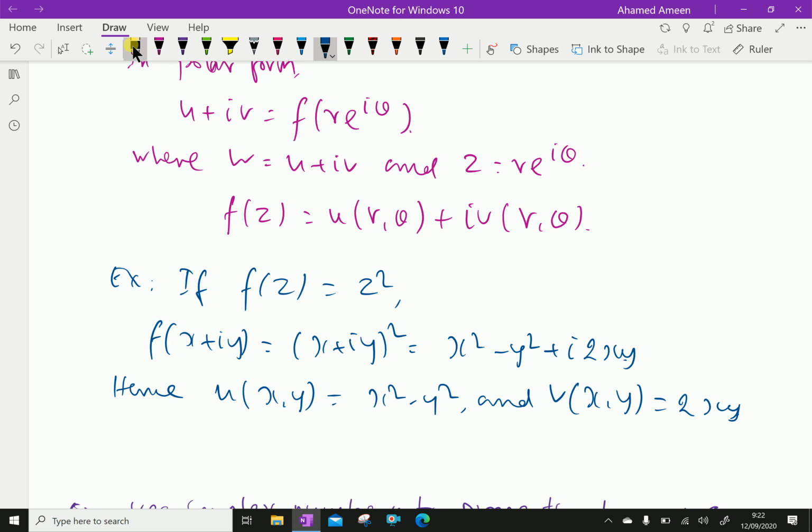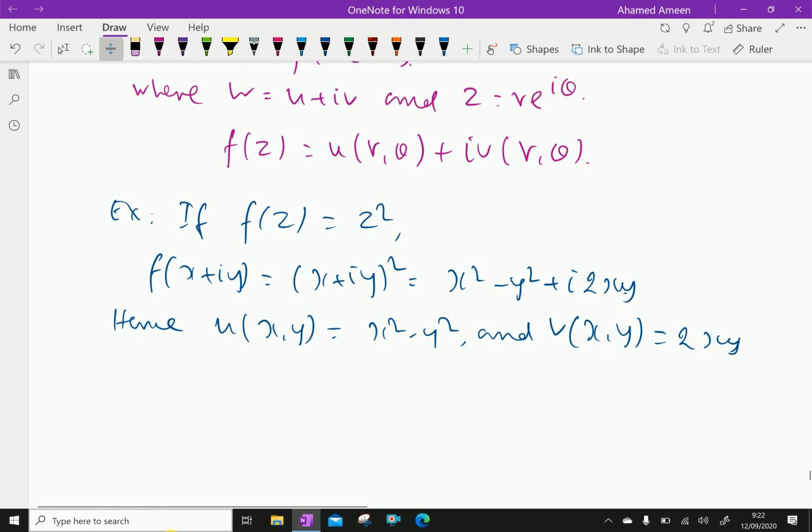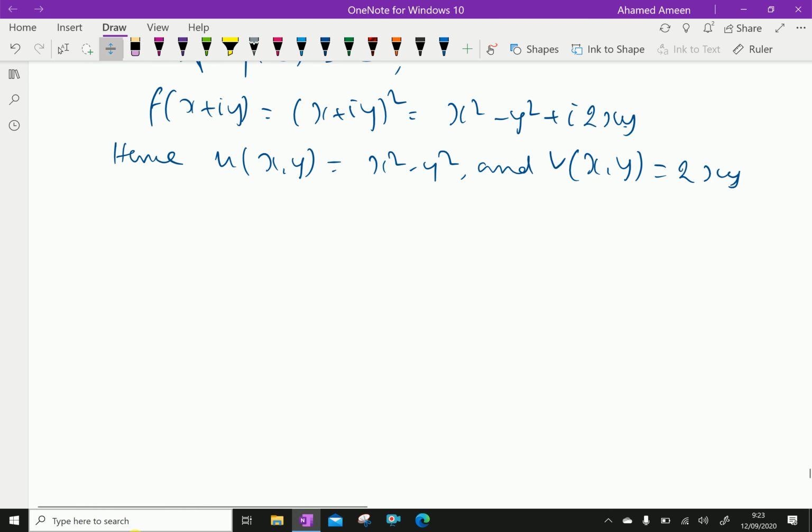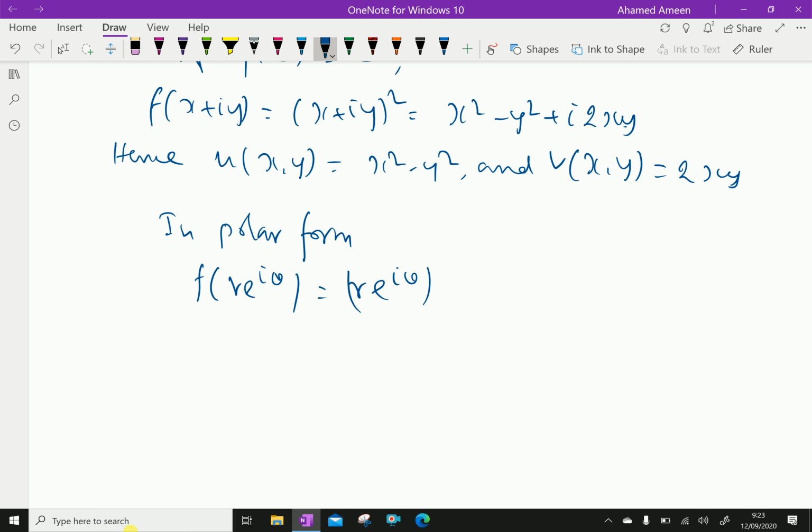Further, the same thing you can express in polar form. f of r e power i theta equal to r e power i theta the square, which is equal to r squared e power i 2 theta, which is expressed in terms of r squared cos 2 theta plus i sin 2 theta.